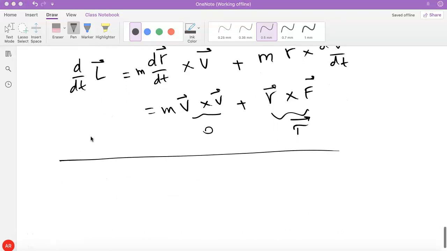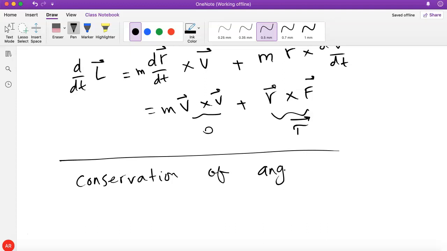Now, the next thing, which is a direct consequence of this, is something called the conservation of angular momentum. So let me remind you from 161 what momentum conservation was.